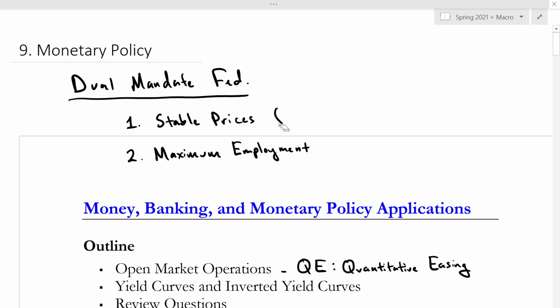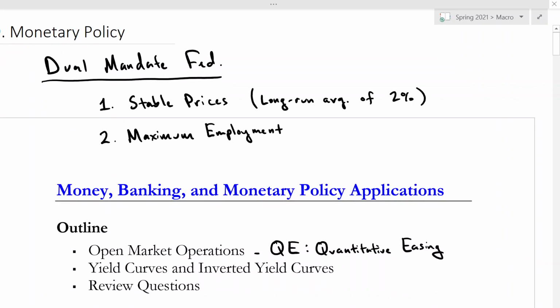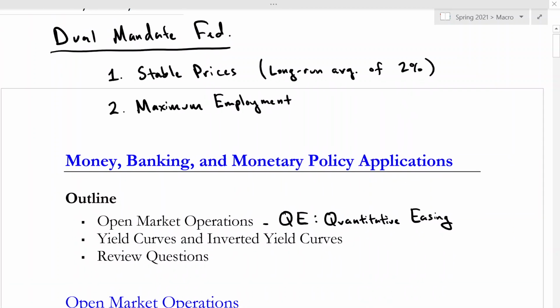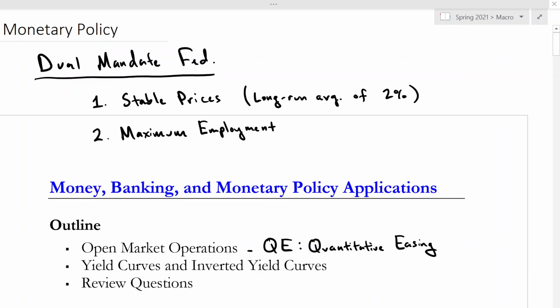The stable prices they refer to are essentially a long-run average of 2%. Maximum employment is essentially the lowest unemployment rate that we can handle without increasing prices too much above this target. Because remember, if the unemployment rate gets really low, let me just draw that over here. If the unemployment rate drops, so it's at 10%, and then it goes down to 5%, and then down to 3%, which would be very low.